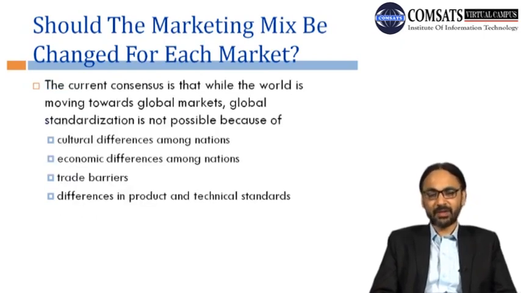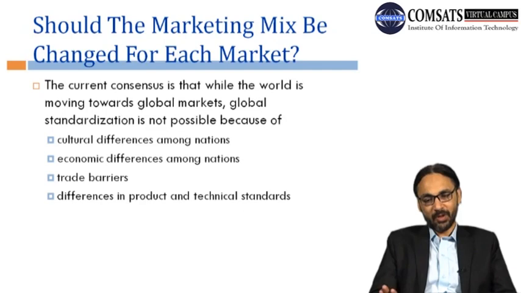The current consensus is that while the world is moving towards a global market, global standardization is not possible because of cultural differences among nations, economic differences, trade barriers, and differences in product and technical standards.